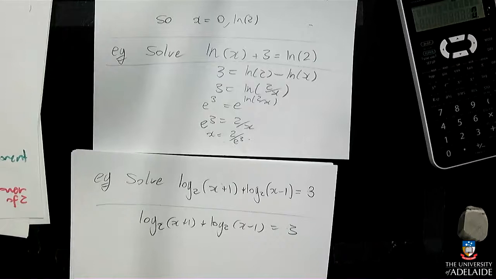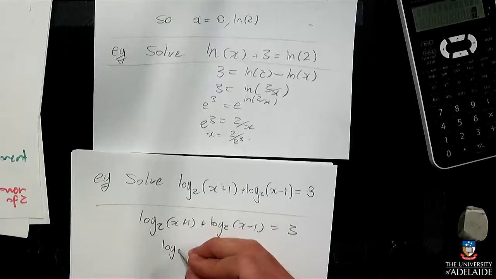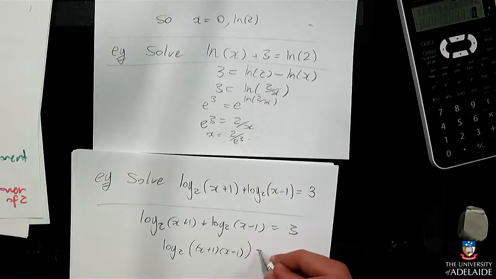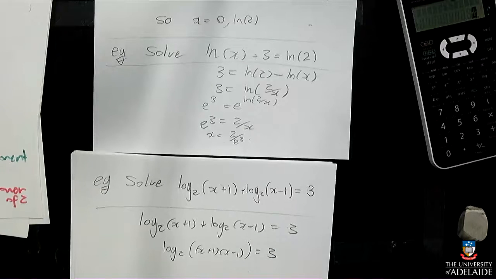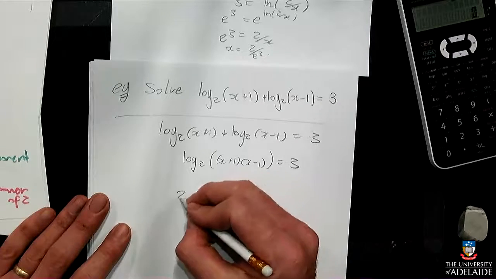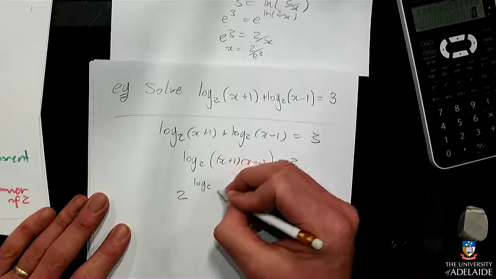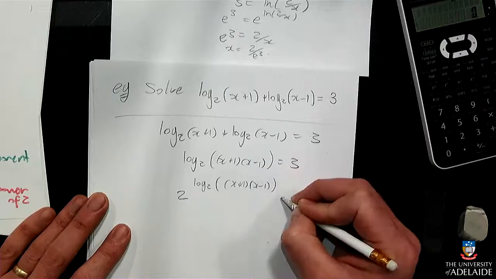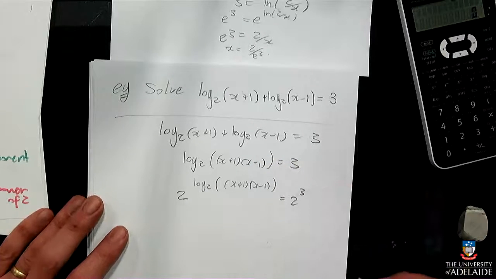Well, there's a log law that says that when we do addition between the logs, it's multiplication inside the logs. And I can get rid of a log 2 by doing 2 to the power of, like that.